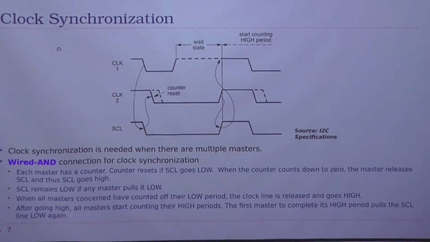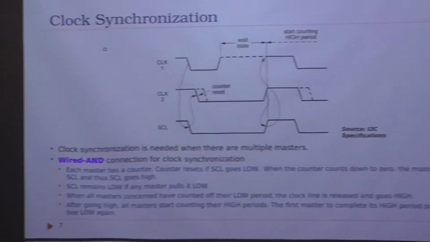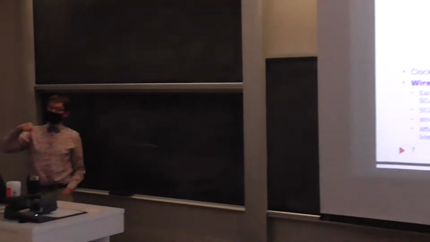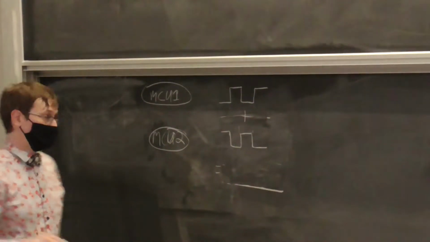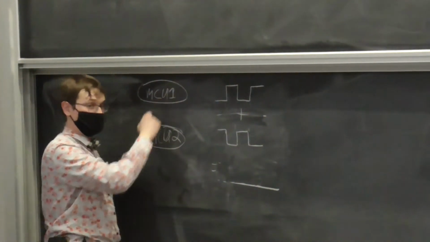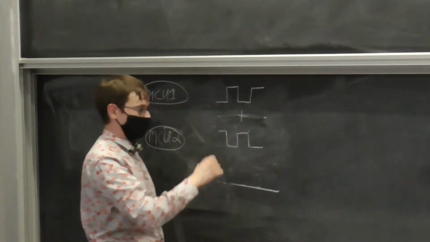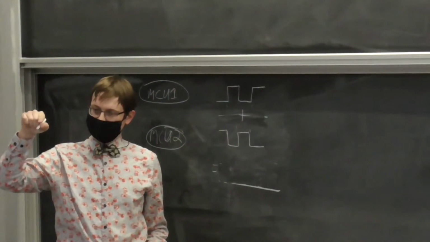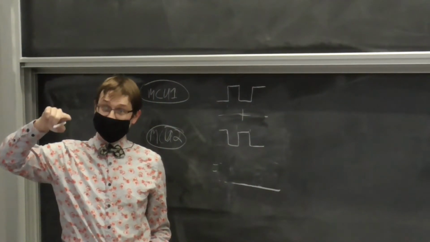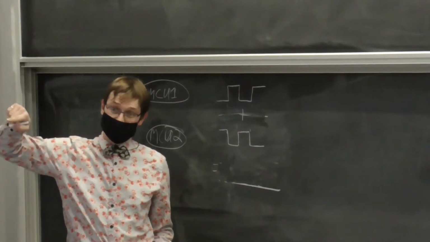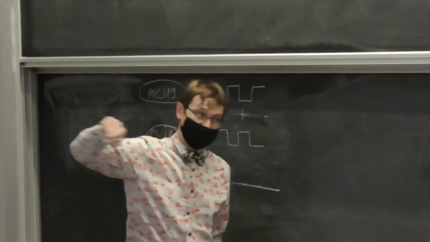So the clock line will be low if either of those guys are pulling it low. But it starts counting that out when the clock line goes from a high to a low state, so when it has a falling edge, right?